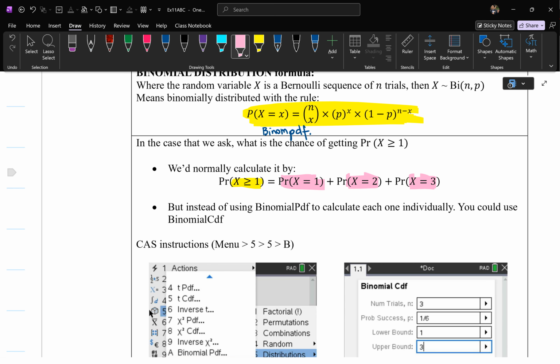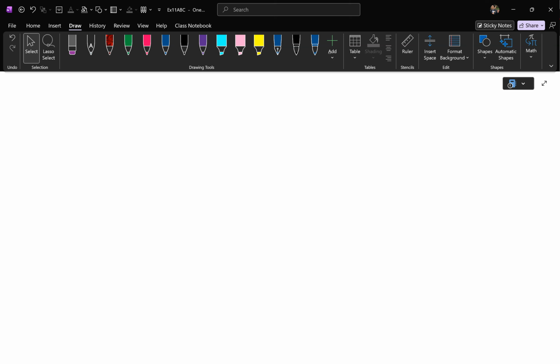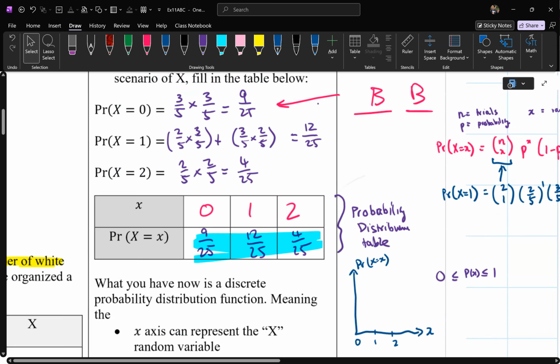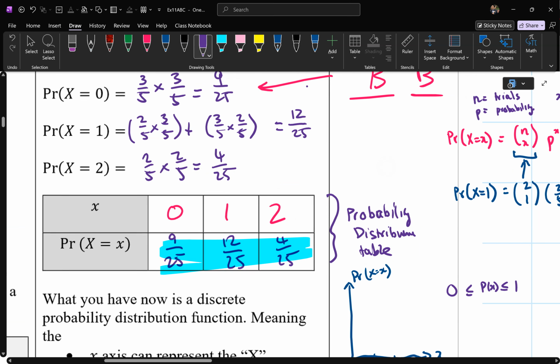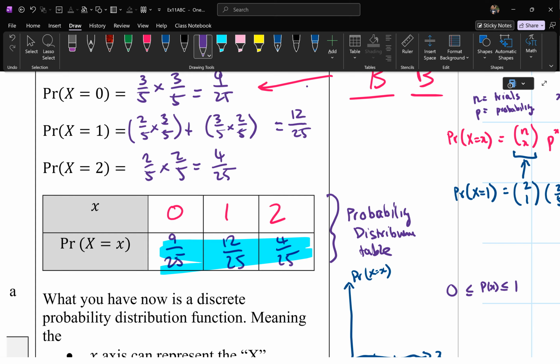So here's an example. Instead of doing find the probability PDF for this one, PDF for this one, PDF for that one, and then add them together, what you can do is you can do 0 to 2. Now we know the answer should be 1. So let's try it.